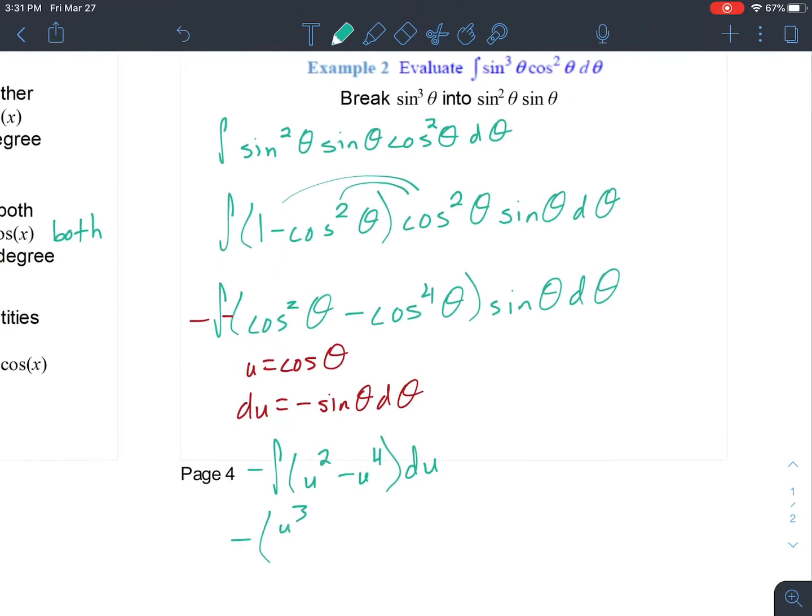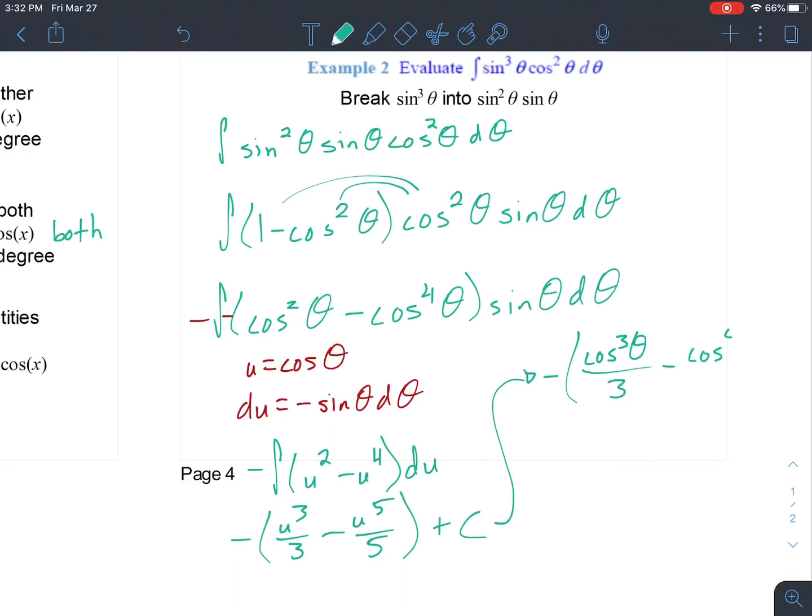We'll get u cubed over 3 minus u to the fifth over 5 plus c. And our last thing is that we need to substitute back in the cosine that we took out. So our answer is going to be negative cosine cubed of theta over 3 minus cosine to the fifth theta over 5, and then plus c. There you go. There's the answer.